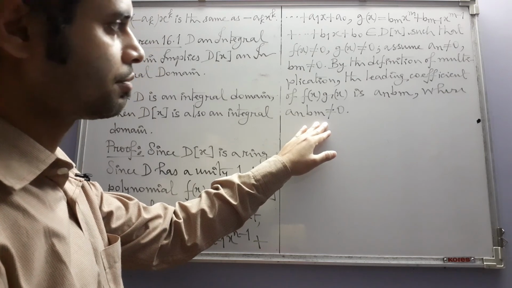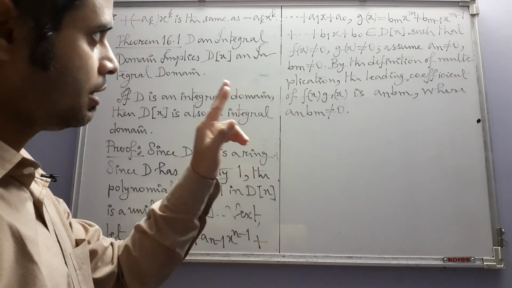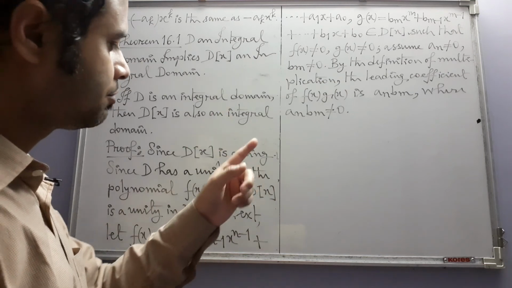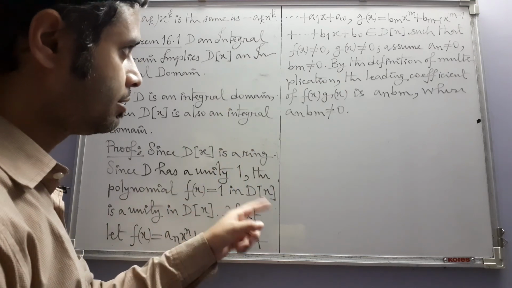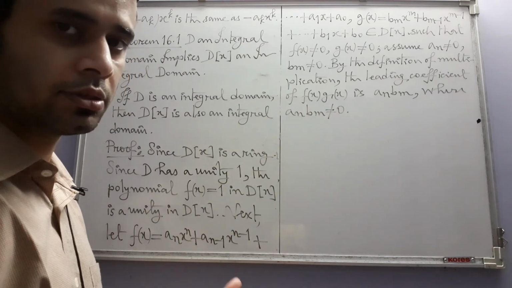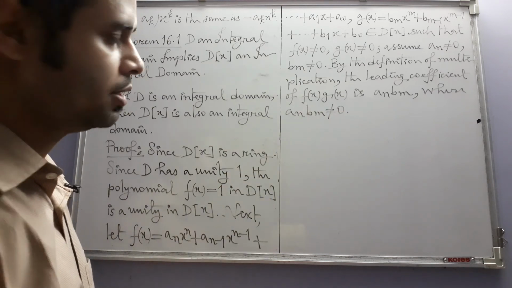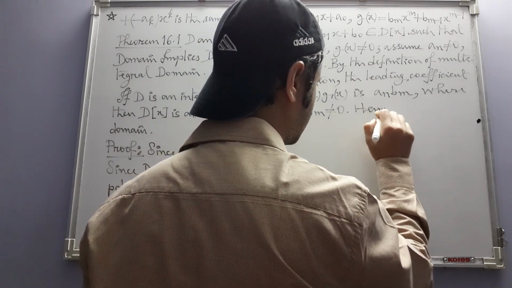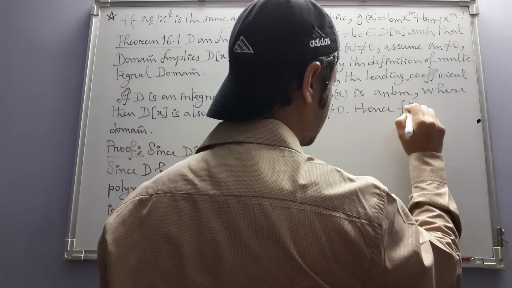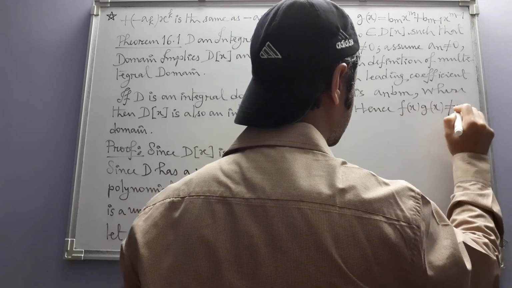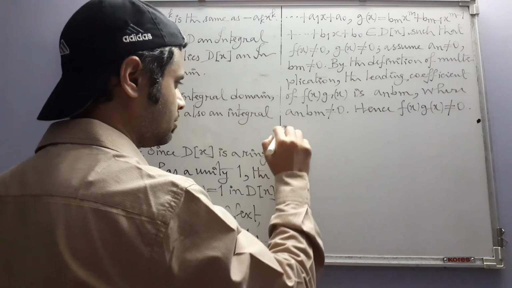We are getting this from the fact that a_n and b_m, like other coefficients, are coming from the integral domain D and they are non-zero. So their product in D is non-zero. Hence this product is non-zero.